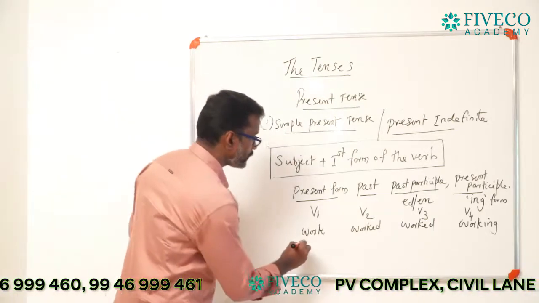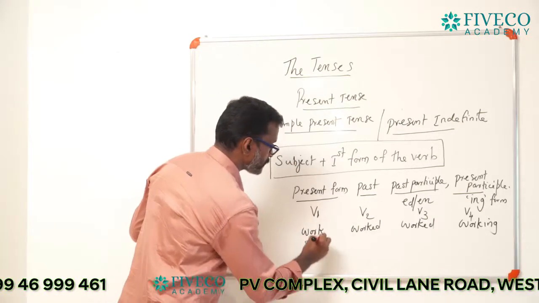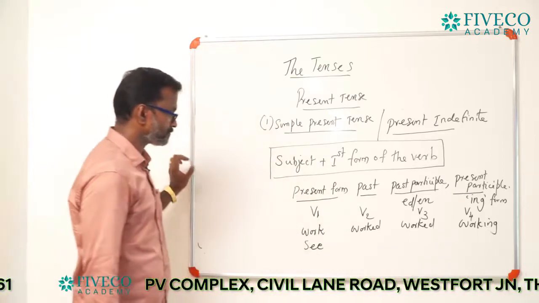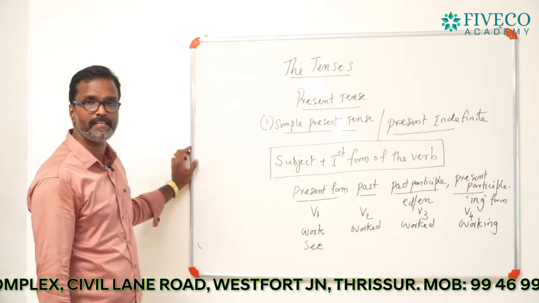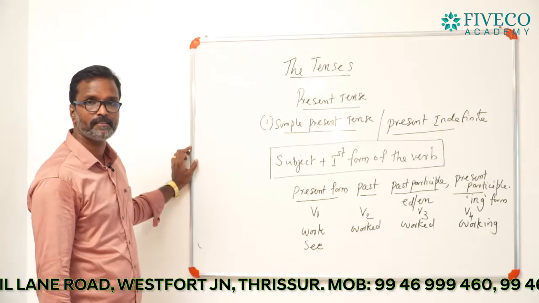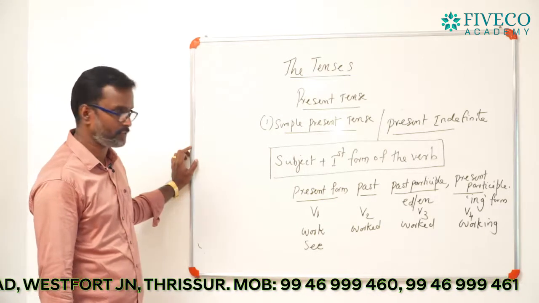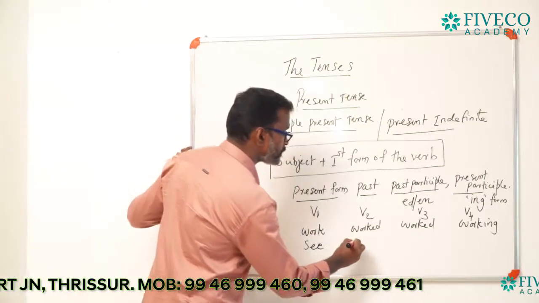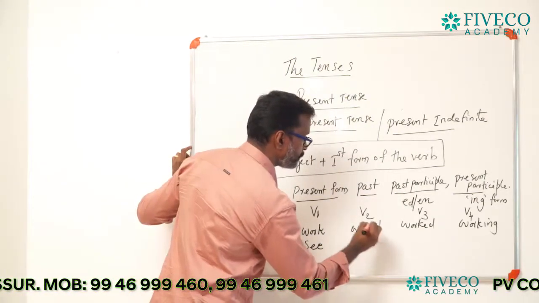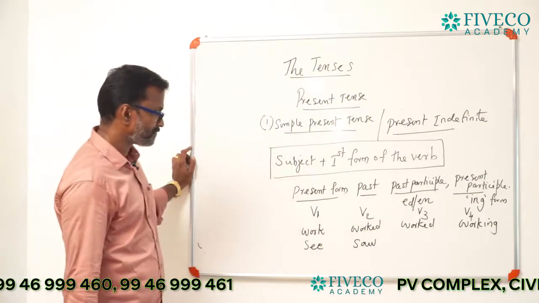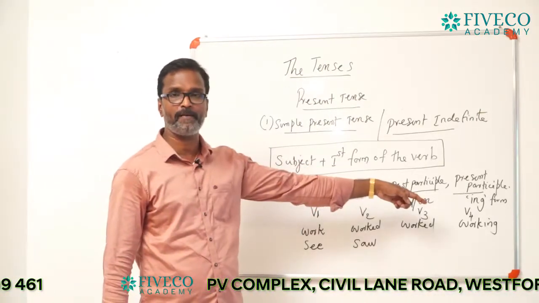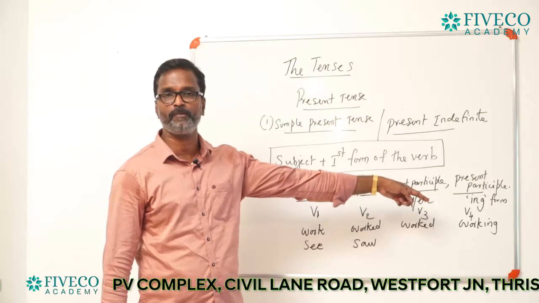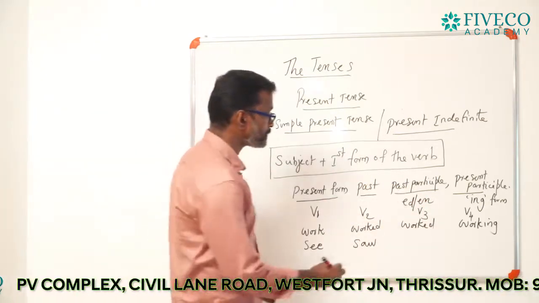But some other verbs may confuse you. For example, the verb see. What is the past form of the verb see? The past form is saw, S-A-W. And the third form, the past participle, the ed or en form, will become seen.